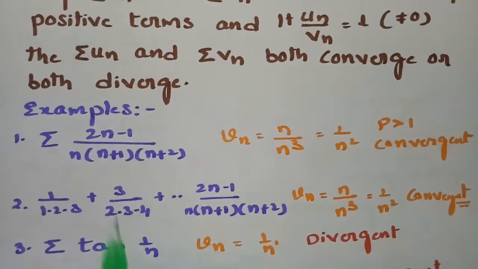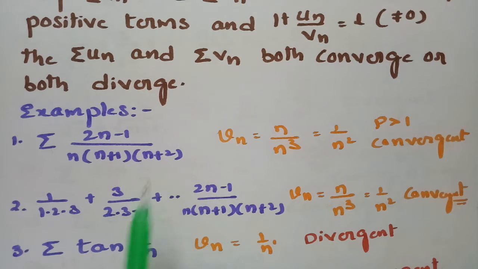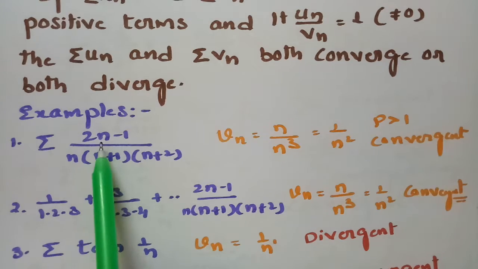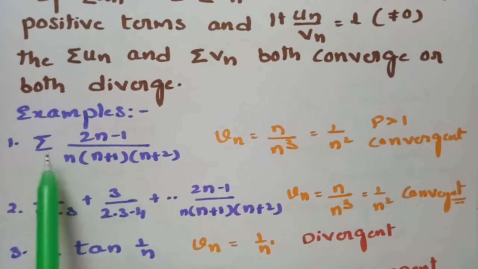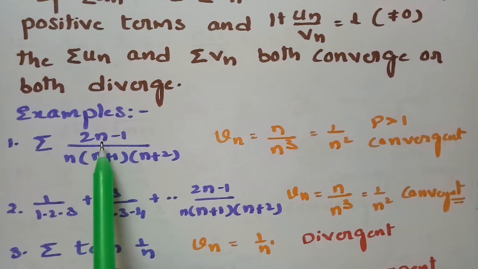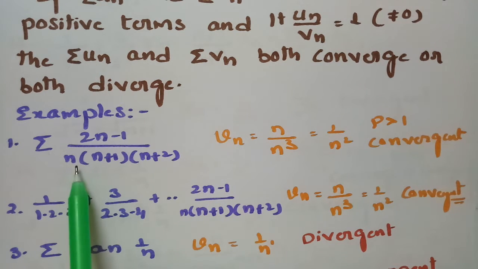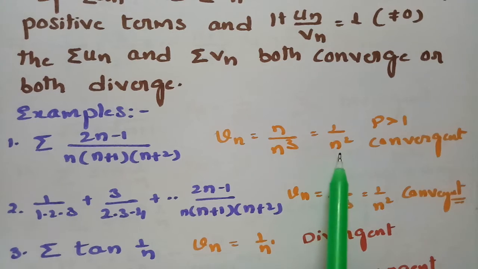So when you see this, un is 2n minus 1 by n into n plus 1 into n plus 2. Watch this video right till the end. For this question, this is un and we have to choose vn. So vn should be chosen by the number of n's in the numerator and the number of n's in the denominator. Here there is a single n and there are 3 n's here, so this is 1 by n square.